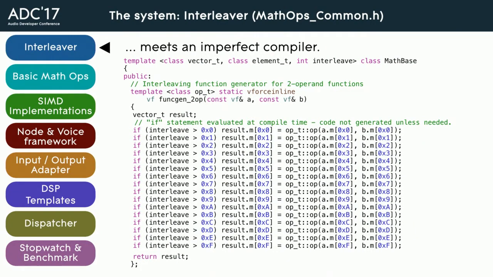The important thing to take away from this, though, is that this isn't branch-intensive iffy code after it's been compiled. This interleave template parameter gets evaluated at compile time, and so it'll generate only the code that it needs for the particular interleaving it needs at that specific line.